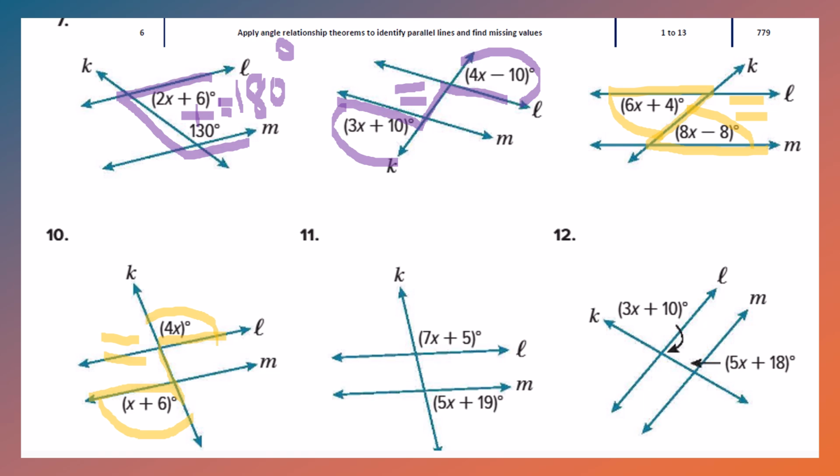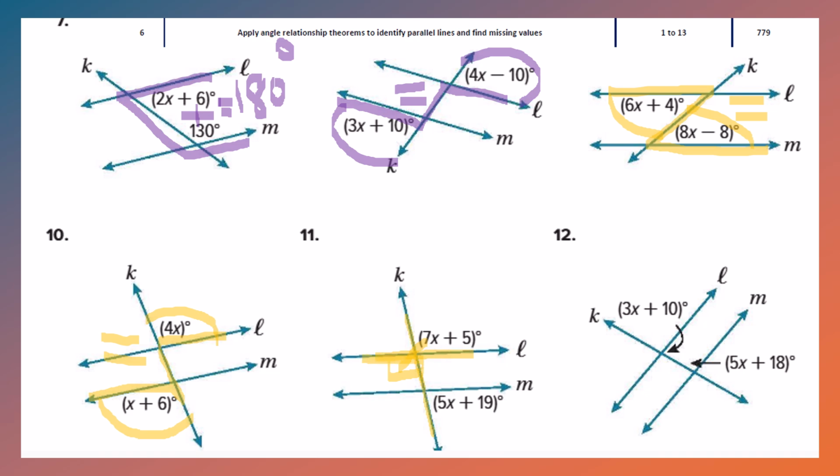Moving ahead to number 11. Number 11, when you solve for X, you would find that these angles are equal. We also know that this angle here is vertically opposite. So 7x plus 5 will be equal to 5x plus 19.